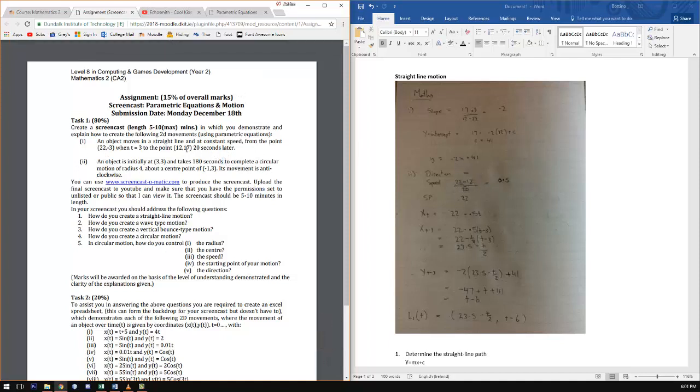In the question, it says 20 seconds later, so I sub in 20. That comes to 0.5. Then you get the starting point, which is going to be 22. For x(t), it's going to be the starting point, then the direction, then the speed multiplied by time, t. So that's my equation for it.